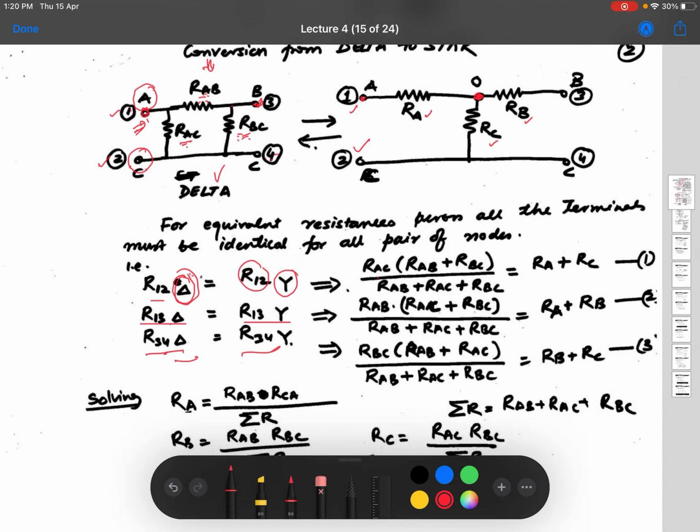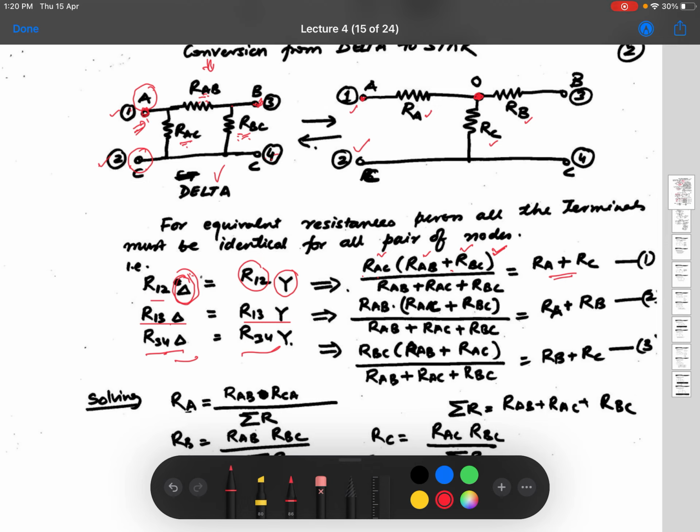So if you write that, you get this as a parallel combination of these two resistances, that is RAB plus RBC in series, and RAC is parallel to it. That is the way to write the resistance between 1 and 2.